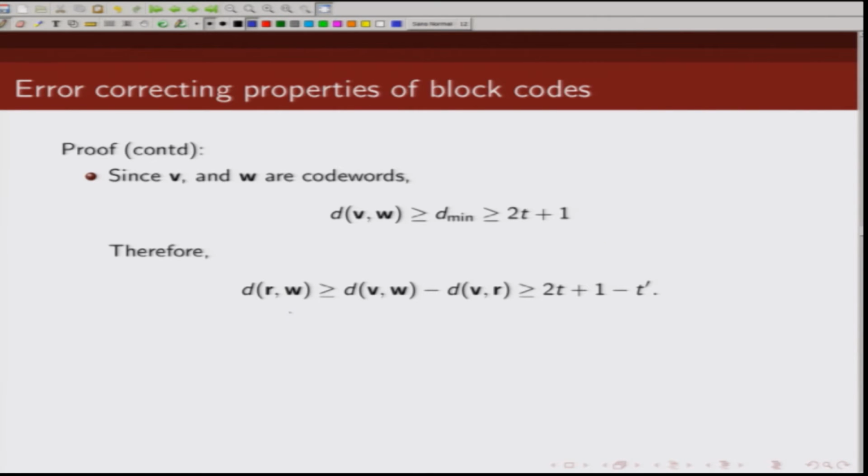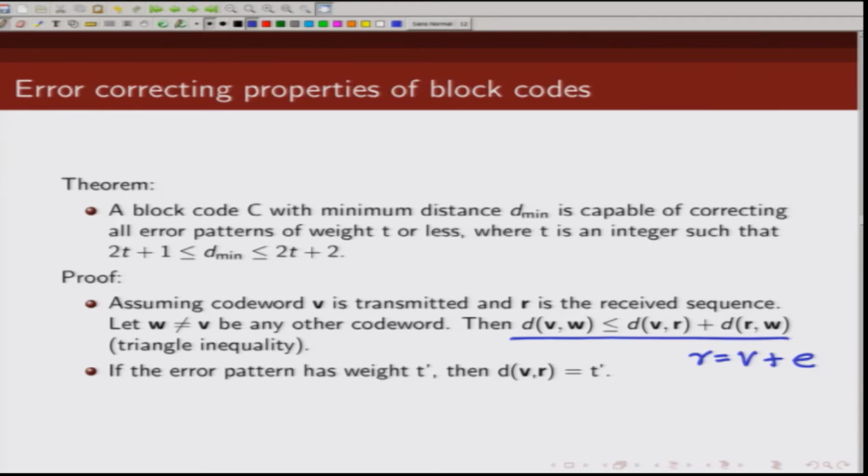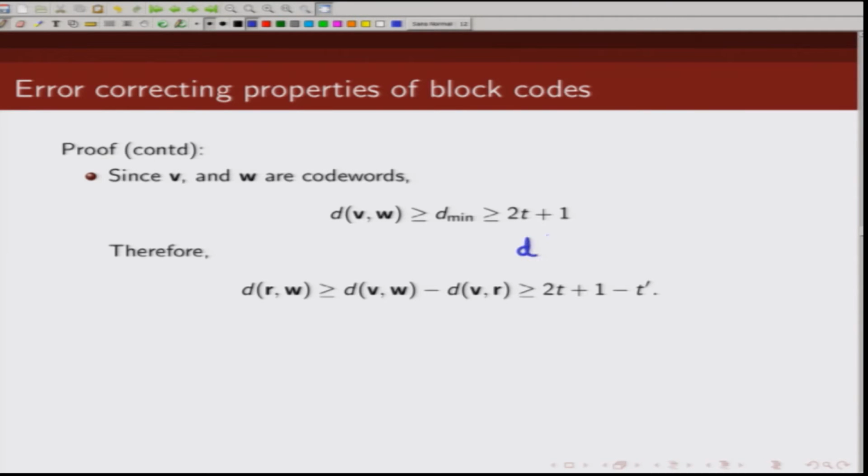Now, from the triangular inequality, the Hamming distance between V and W is less than or equal to the Hamming distance between R and W plus the Hamming distance between R and V, right.